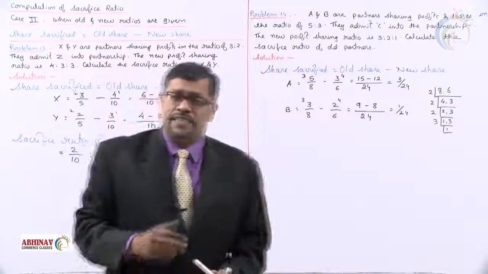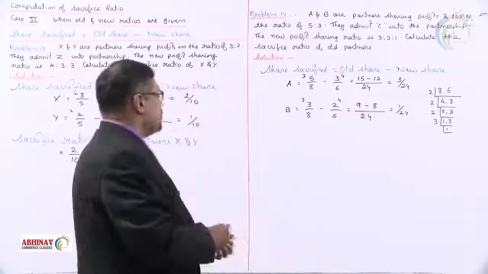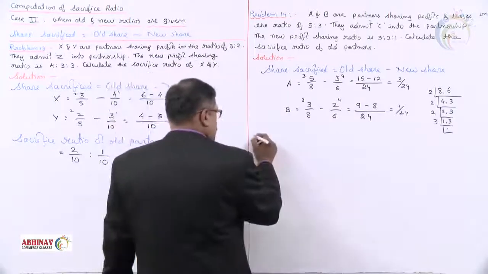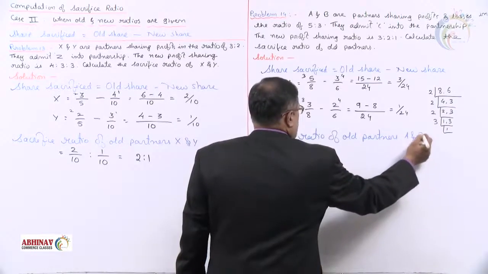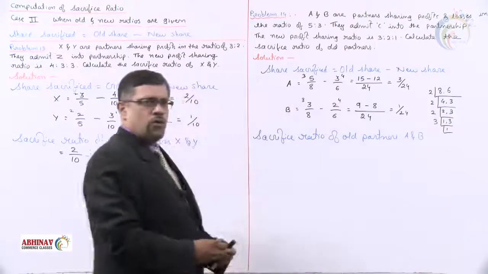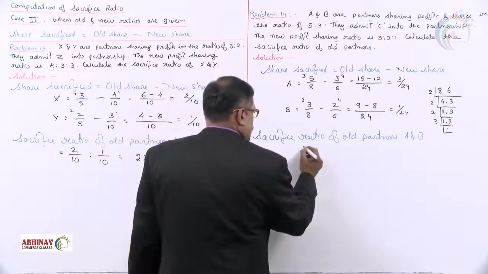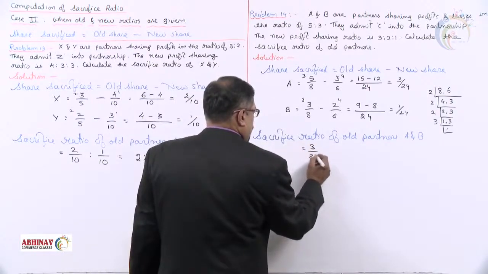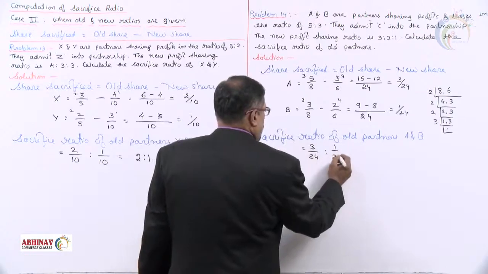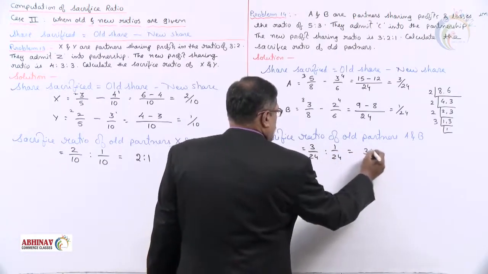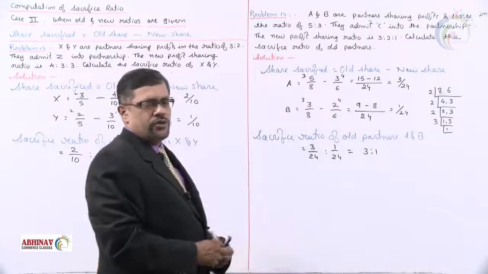Once you get the shares sacrificed by the old partners, put that in the ratio. Sacrifice ratio of old partners A and B. So that's going to be 3 upon 24 is to 1 upon 24. What we get is nothing but 3 is to 1.